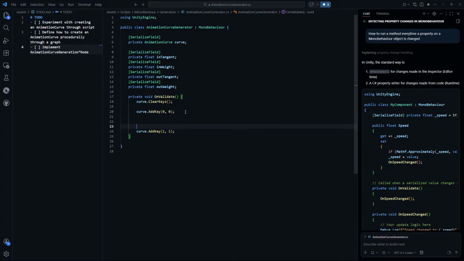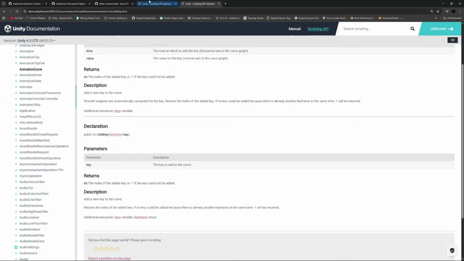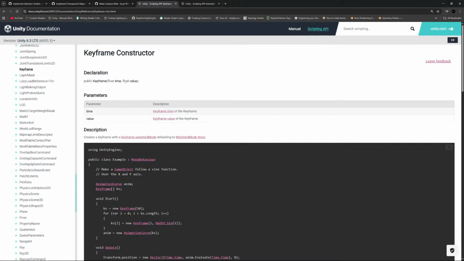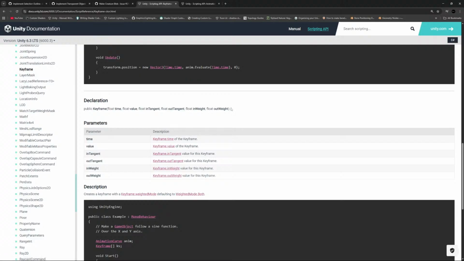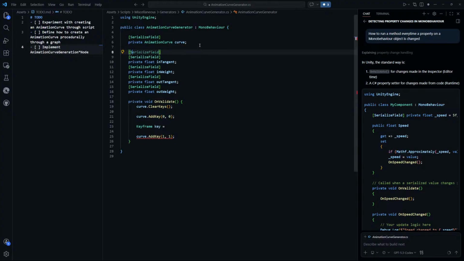But between these two, we're gonna add a key that is decided by this. So keyframe key. Do we have any constructor? Time, value, in tangent, out tangent, in weight, out weight. That might be good to have as well.